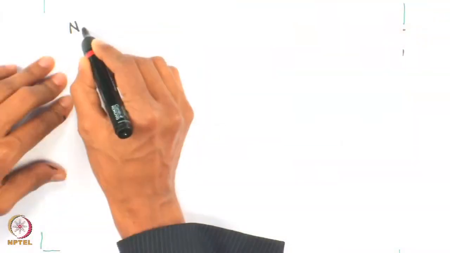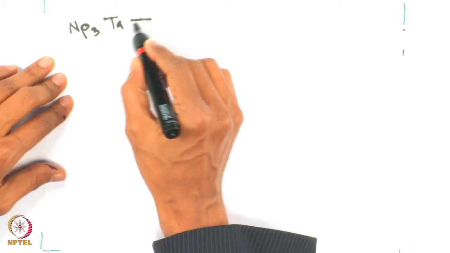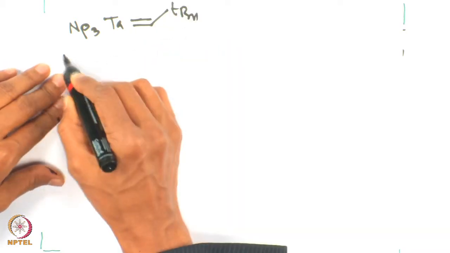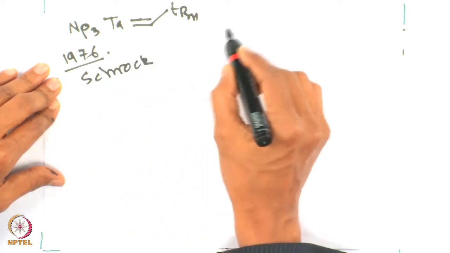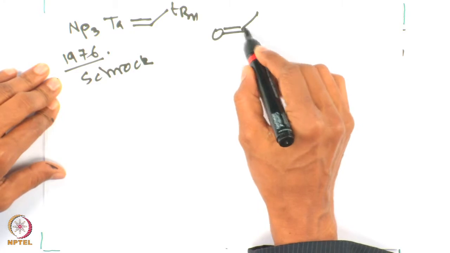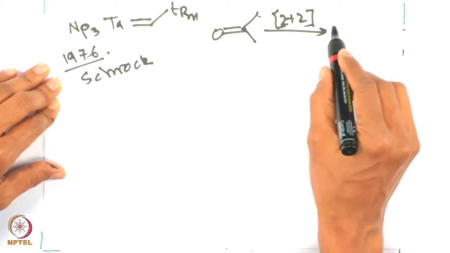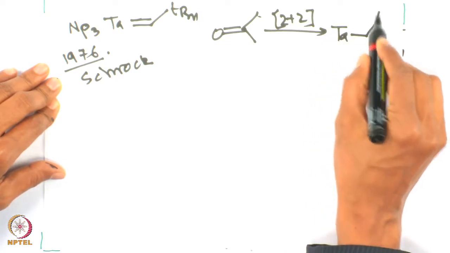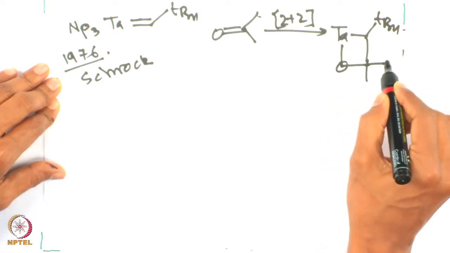Let us look at one example where Schrock carbene is used like the Wittig reagent. This was done by Schrock in 1976. He reacted his Schrock catalyst, which became famous later on, with an olefin to give an intermediate which looks just like your Wittig intermediate.